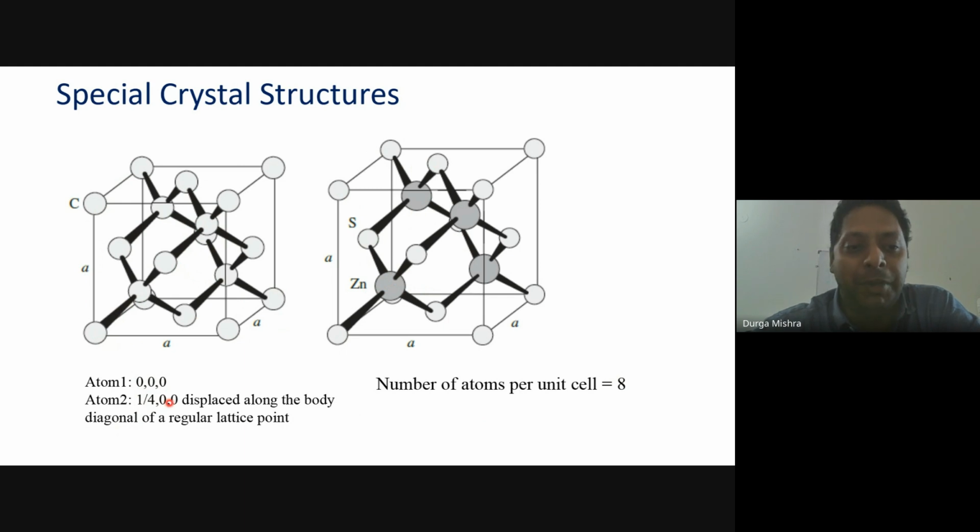This structure is observed quite often in many materials: diamond, silicon, zinc sulfide, then gallium arsenide. Many semiconductors have this special kind of crystal structure, and it leads to their special electrical characteristics.